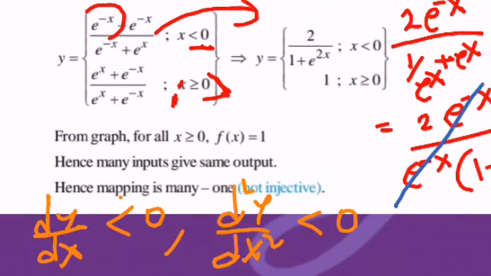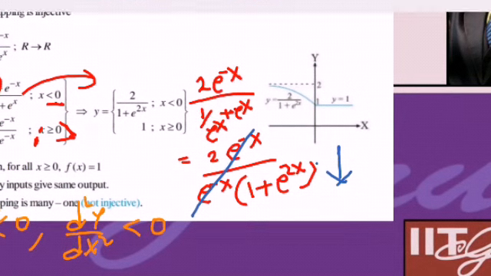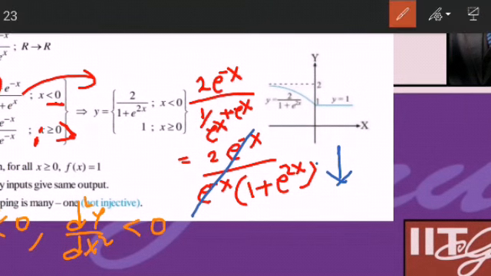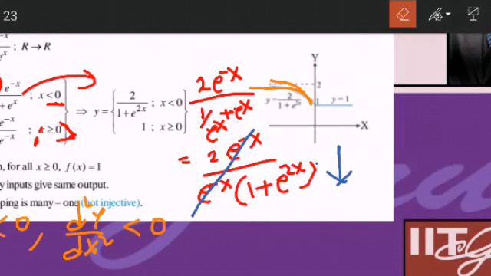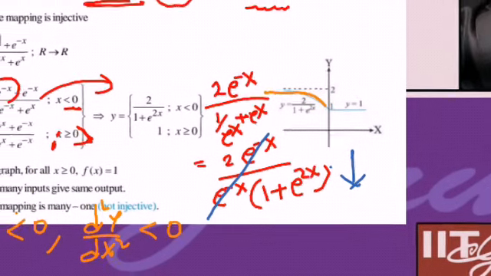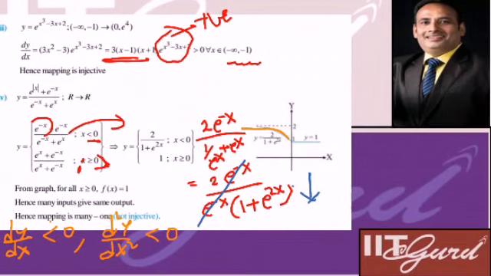This infers that its concavity is downward. So this is the graph, and we say this function is a one-one function.